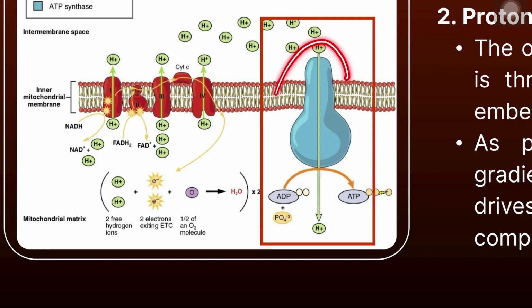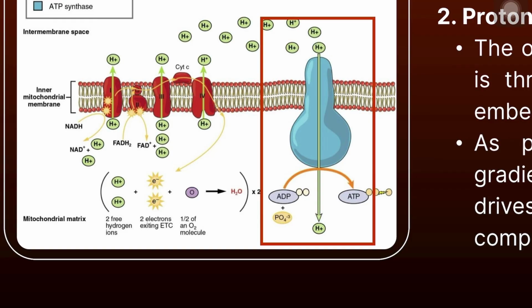Okay? So again, this ATP synthase is embedded into the membrane. As the protons flow through the ATP synthase, this movement spins part of the enzyme like a molecular turbine. The mechanical energy from this spinning drives the joining of ADP and inorganic phosphate in order to form the ATP.